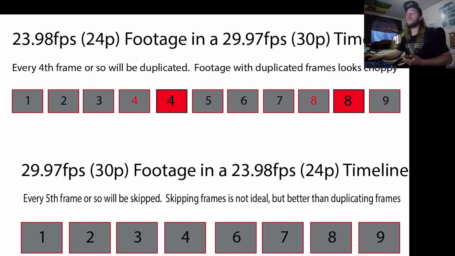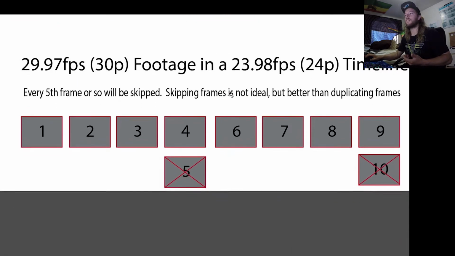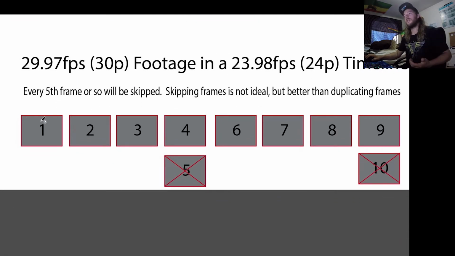So what if we put 30p footage into a 24p timeline? When you put 30p footage into a 24p timeline, it'll play the first 4 frames right here, and then it skips the 5th frame, and it'll play 6, 7, 8, 9, skip the 10th here, and then 11, and so on.